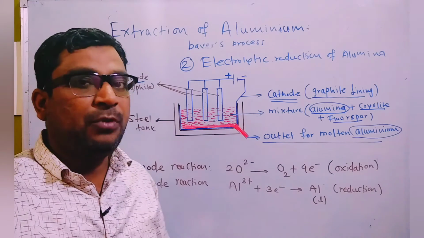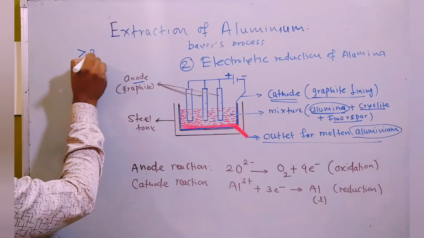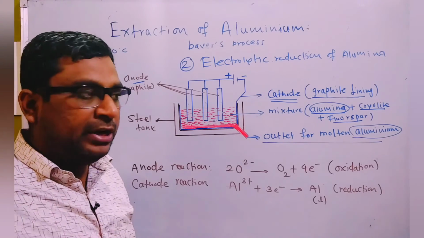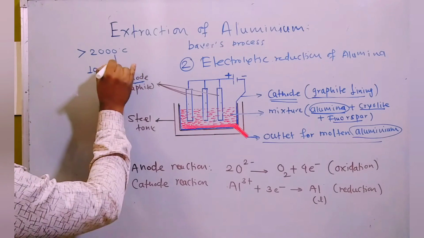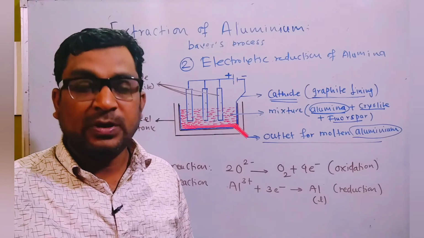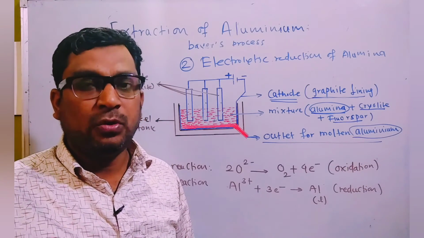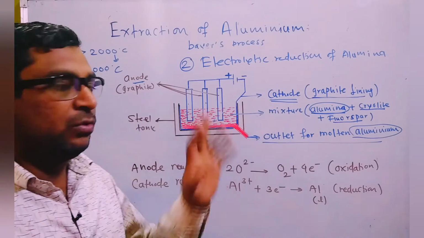Because pure alumina in the molten state has a melting point of more than 2000 degrees Celsius, and we have to reduce it to about 1000 degrees Celsius, so we add cryolite and fluorspar. The function of adding these two is only one thing: to reduce the melting point of the alumina. For this reason we add them to the electrolyte.